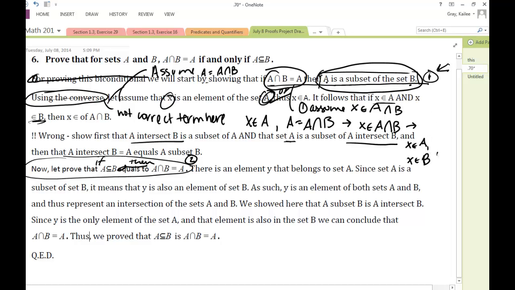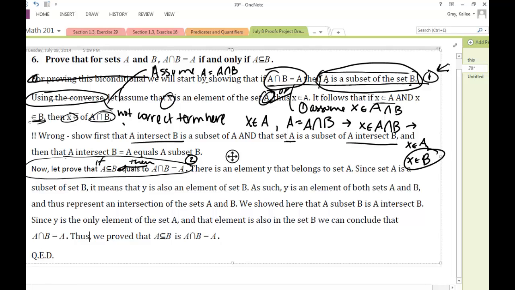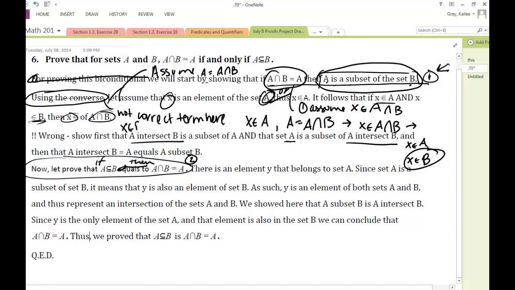And then you've got your final conclusion here that X is in B. So I think you just need a little bit more detail here, and you want your final conclusion to be that X is in B, so then that tells me that A is a subset of B. Okay, let's just add a couple more sentences here, a little bit more detail to be clear on what your conclusion and assumptions are, and then we will look at this other part.